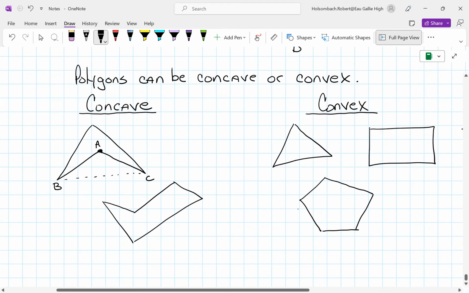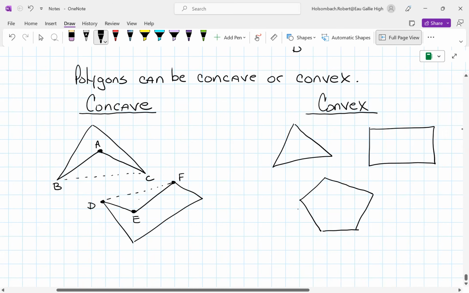And if we did the same thing on this other concave polygon, and we called this D, E, and F, and we connected D and F with a straight line, point E is inside that straight line, inside of the shape. All right. So when that happens, those polygons are classified as concave.